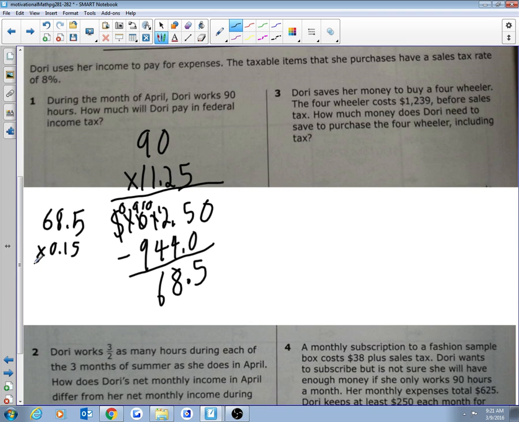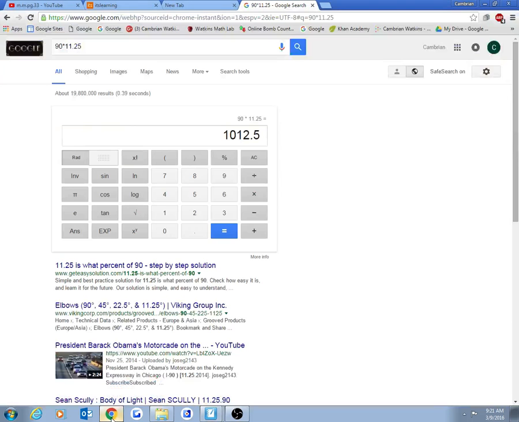We're finding 15% of this excess. Let's go ahead and use a calculator for this. 68.5 times 0.15. So 15% of $68.50 is $10.28. The 5 makes the 7 go up to an 8. So $10.28.